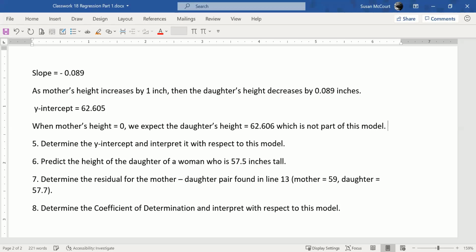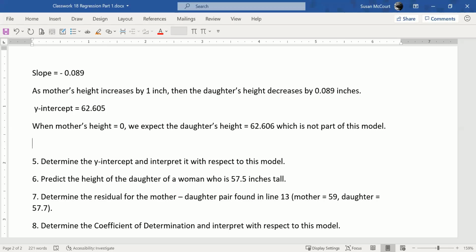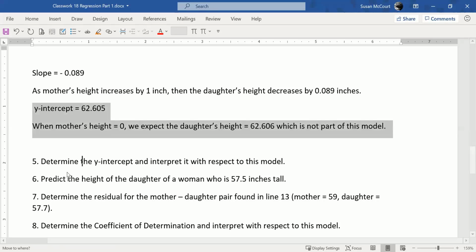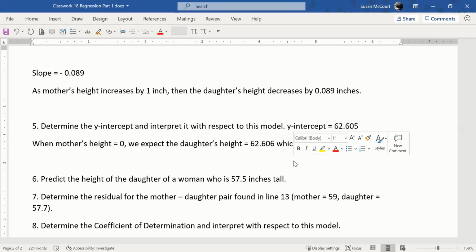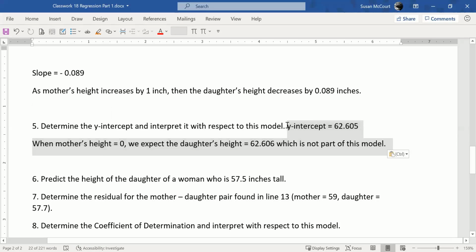It doesn't make sense, number one, to have the mother's height 0. And in fact, 0 is way outside of the values that were given for mother's heights. Oh, that goes here. So I can copy and paste that down here. Okay.